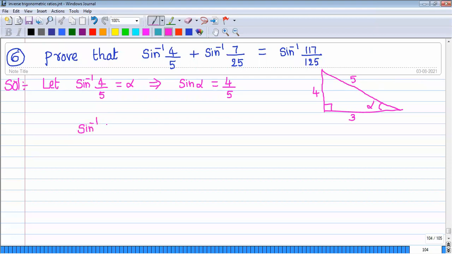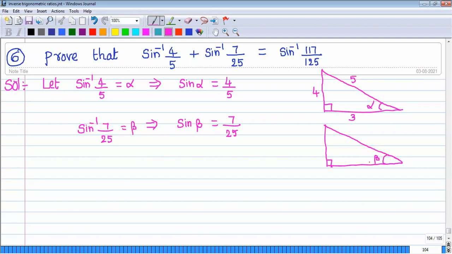Sine inverse 7 upon 25 is equal to beta. Sine beta equals 7 upon 25. So let us consider one more right angle triangle.